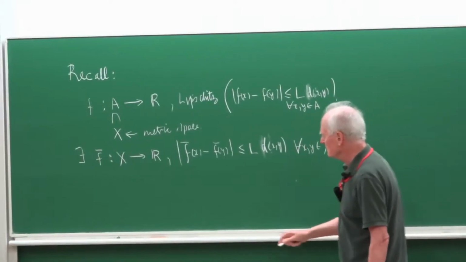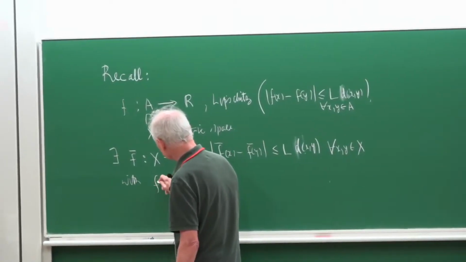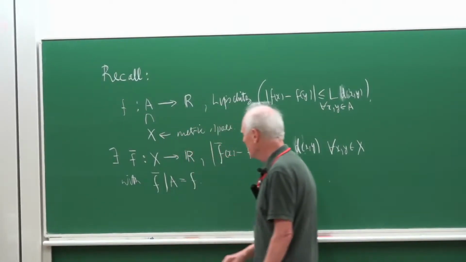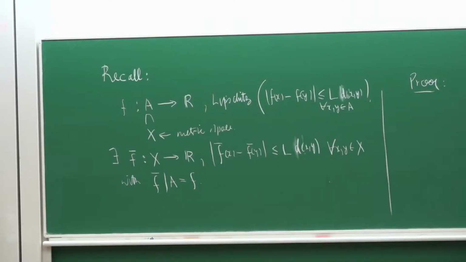So it's an extension, and it is really an extension. That is, f bar restricted to A is equal to the original function. And you remember we started the proof of that. The proof is pretty easy. We started the proof by simply defining f bar.